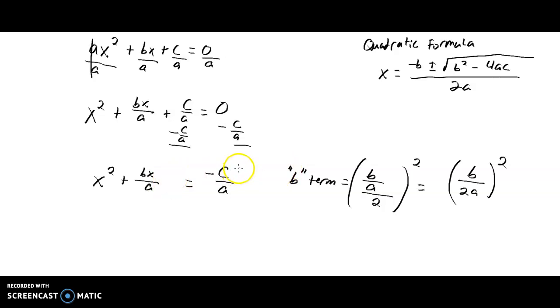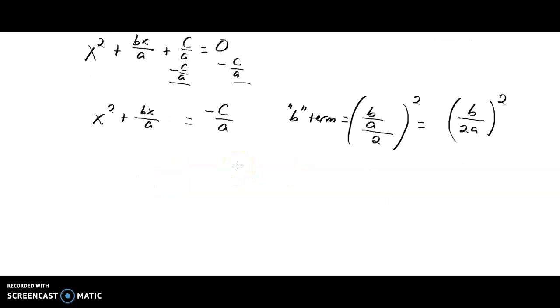So now what I'm going to do, because we always have to do the same thing to both sides, is add this b over 2a squared term to both sides. So let me change color so you can see it a little better. So I'm going to add b over 2a squared, and I'm going to add b over 2a squared to this side. So my equation now looks like this.